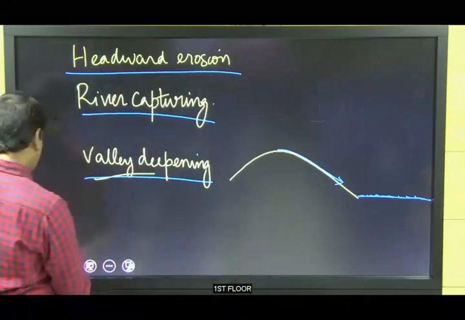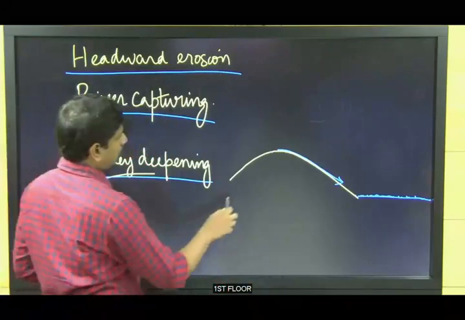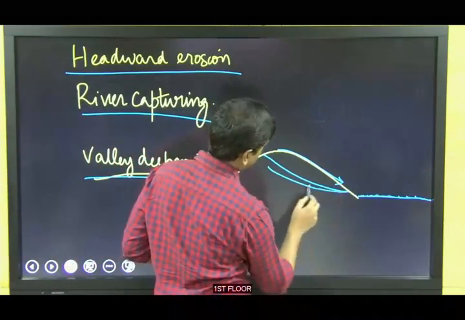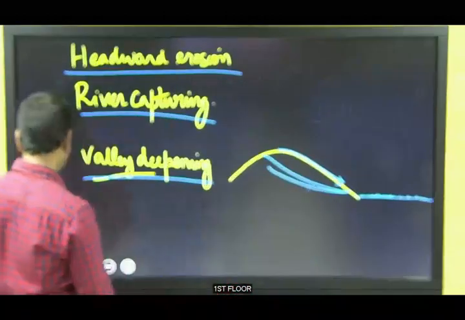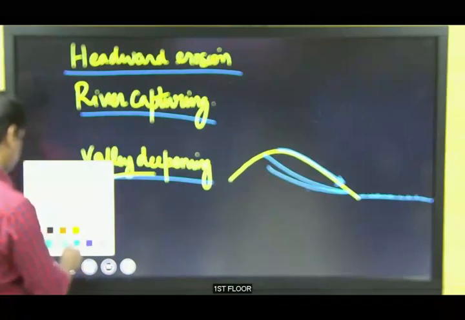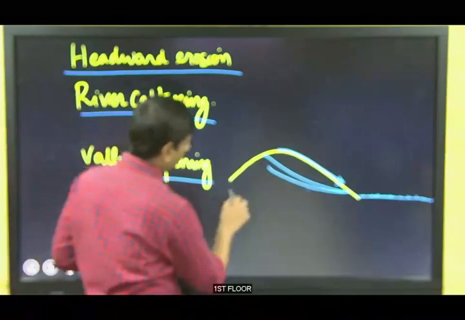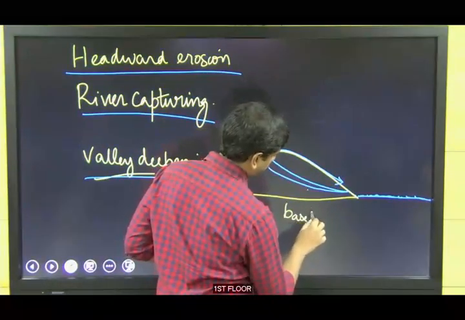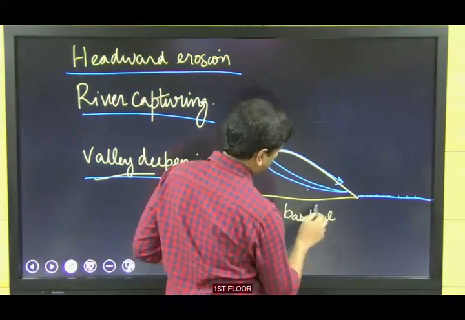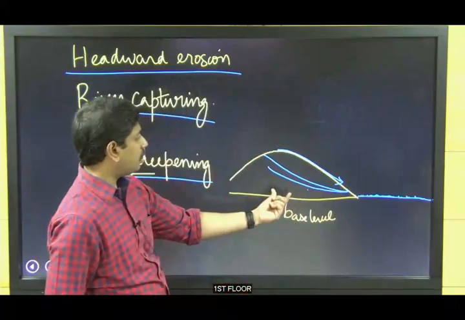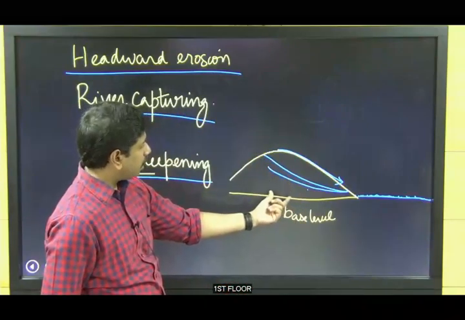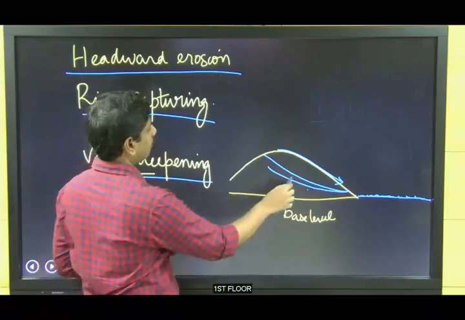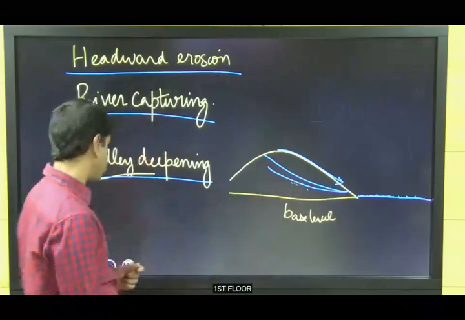Okay, till what level it will flow? Till it reaches this level. Okay, at this level the flow would be very active. This level is known as base level. When it comes to this level, the velocity of the river will be reduced because there is no slope. So the velocity of this river will be reduced.